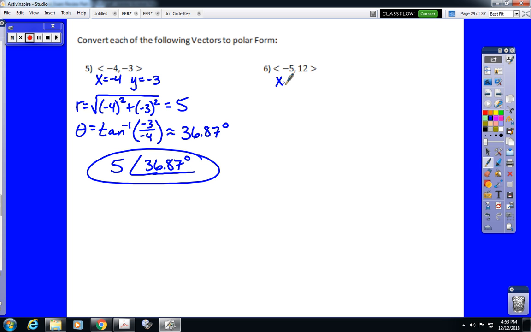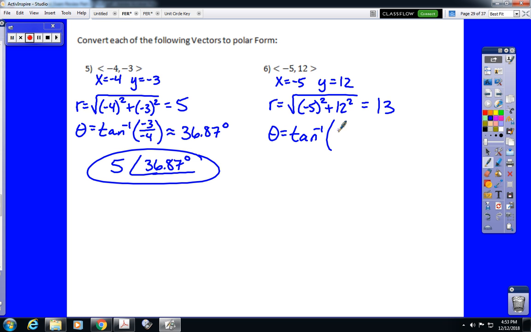And finally, x equals -5, y equals 12. That negative didn't turn out the way that I wanted it, so I'm going to clean that up real quick. So r is the square root of x squared plus y squared, which would be, when we feed it to the calculator, 13. And theta, the direction, is the inverse tangent of y over x.